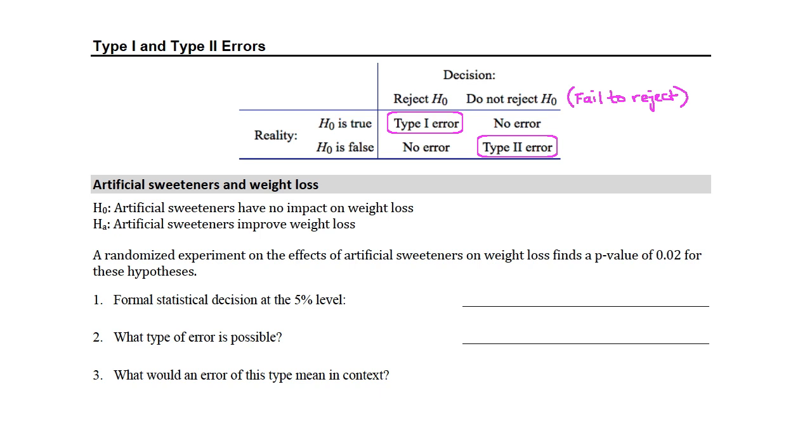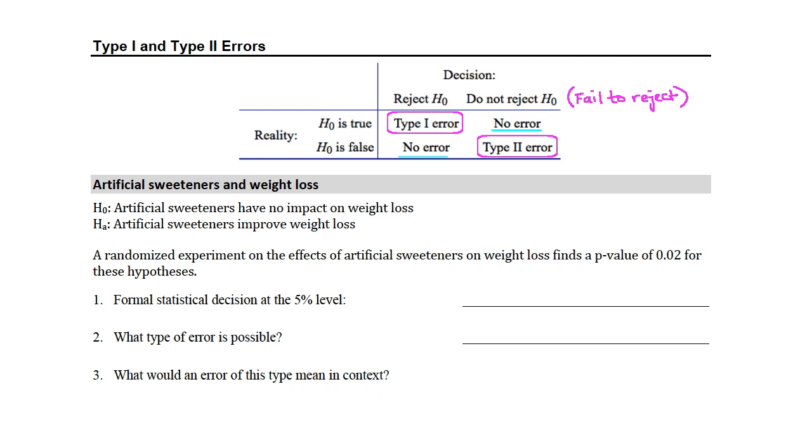If you reject the null hypothesis and the null hypothesis was false, those are consistent. That means that you made the right decision, and similarly, failing to reject when in fact the null hypothesis is true is also making the right decision. We don't generally know that we've made a type 1 or a type 2 error. We just need a language to discuss them so that we can further the subject.